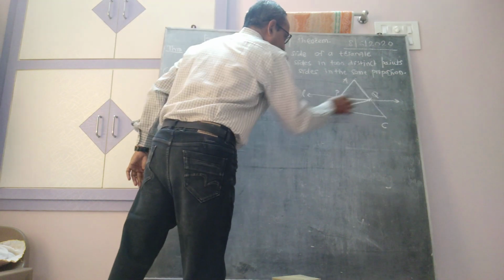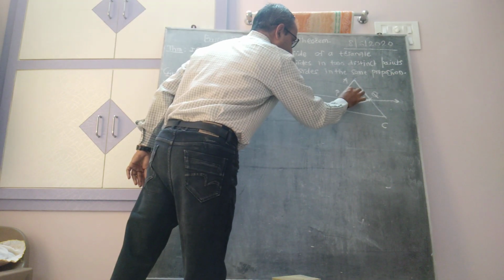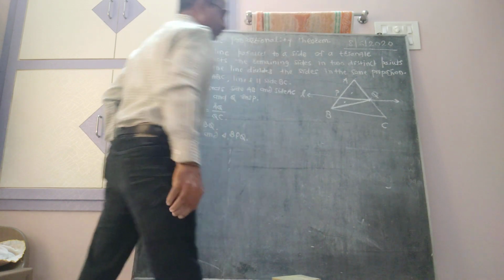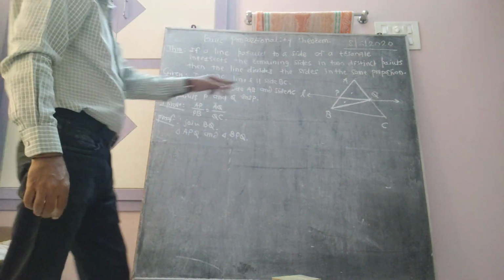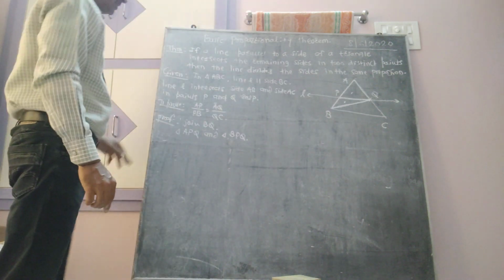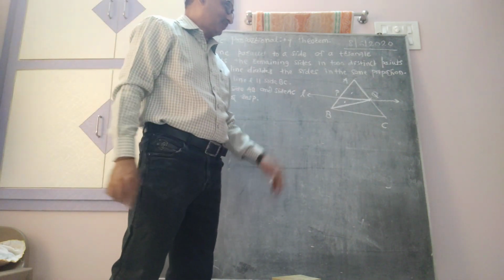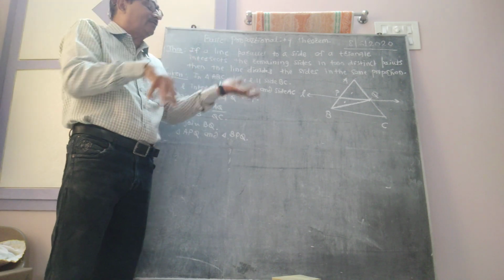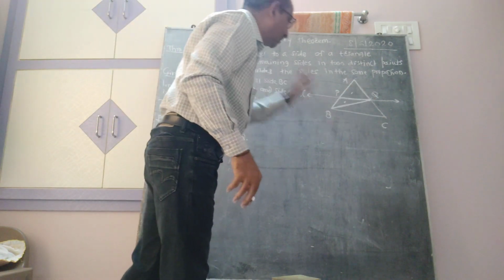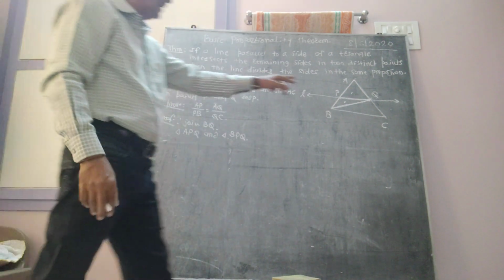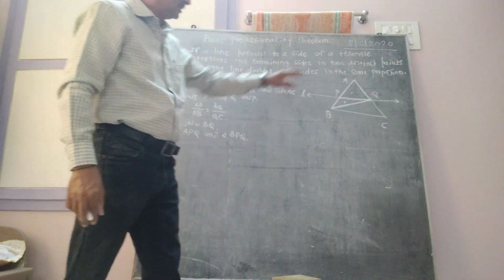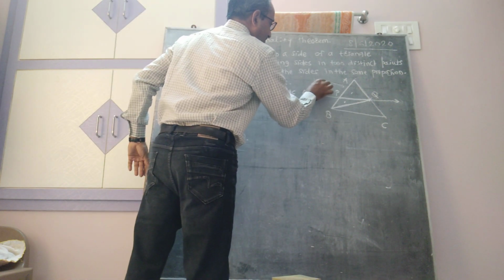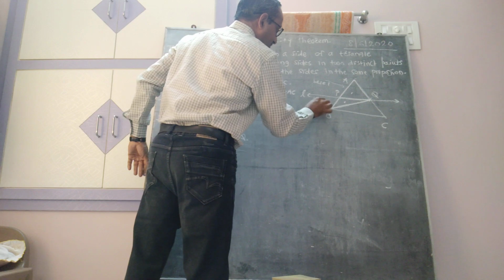Meaning in triangle AQB there are two triangles, AQP and BPQ. For both these triangles the height is the same, because they are separate triangles but parts of a big triangle AQB. So the height of both triangles is the same, their bases are different. Suppose this is base 1, this is base 2.